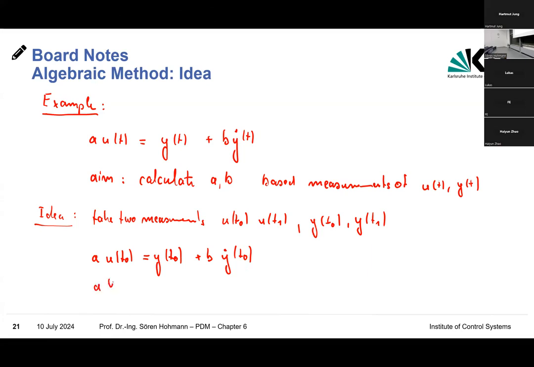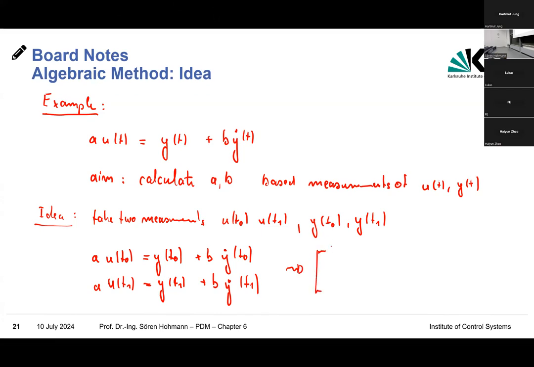And the very same for the time instance t1. Well, a choice, we can rewrite this equation in the following form. We can also write it down as follows.